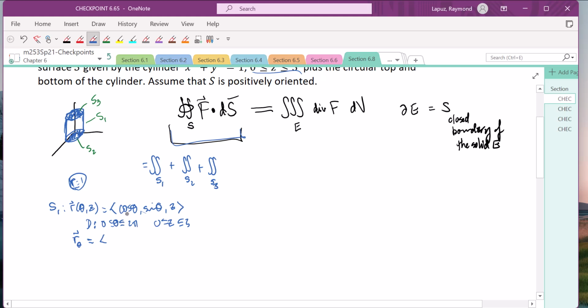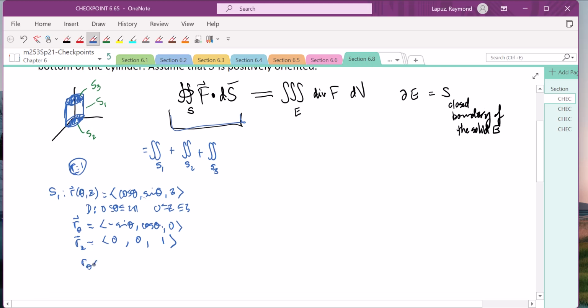Anyways, r theta, the derivative with respect to theta, is negative sine theta, positive cosine theta, and 0 because there's no thetas involved there. r z is going to be equal to no z's in the first two components, and then the last one is 1.